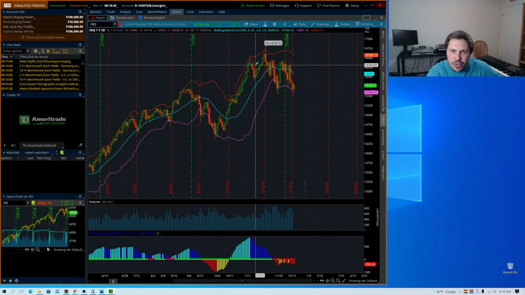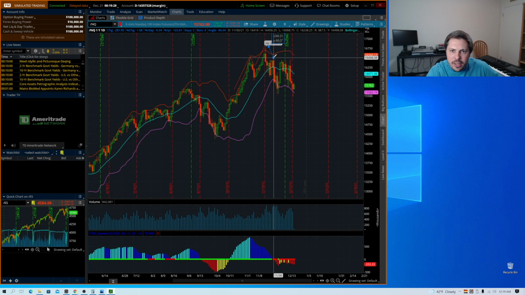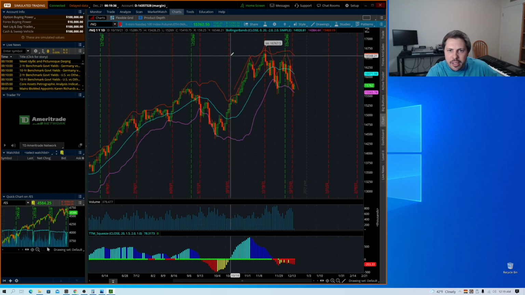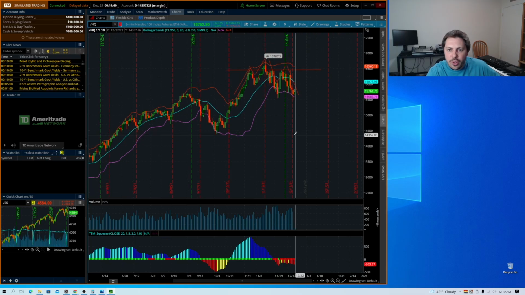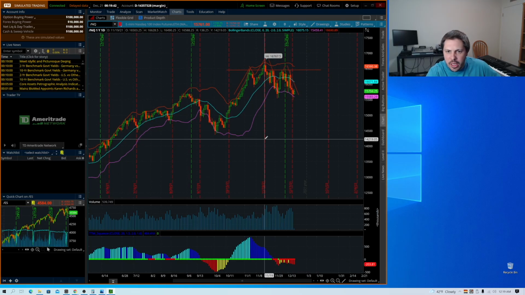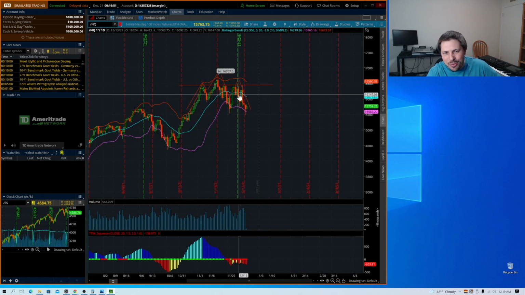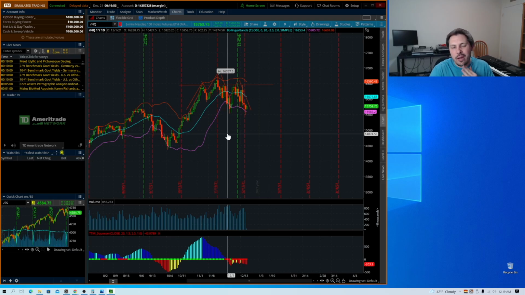Here's the neck, here's the head, right down here, and then here, and then kind of like this, right? And this would be like the neckline. So we could think of this as almost like a head and shoulders reversal pattern, right?